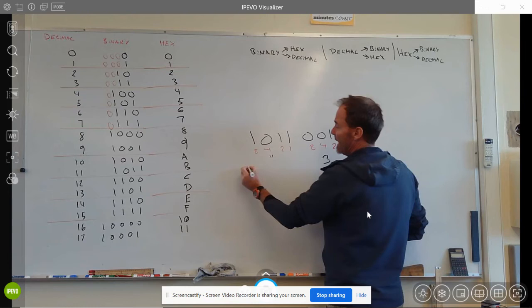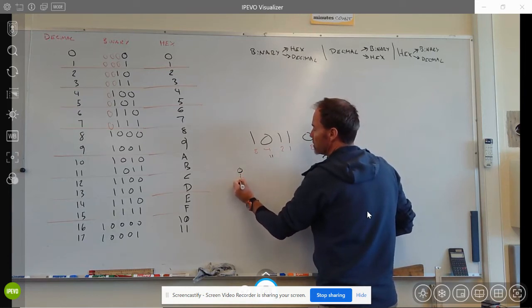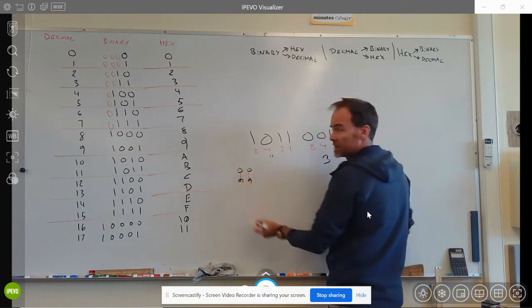So remember, in hex, 0 to 9 is the same as 0 to 9.